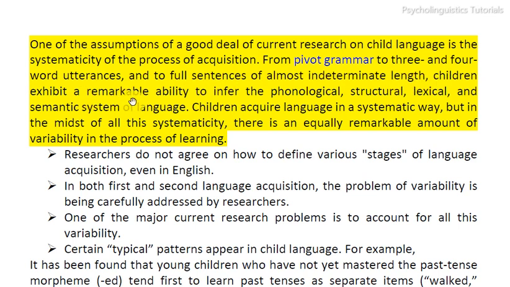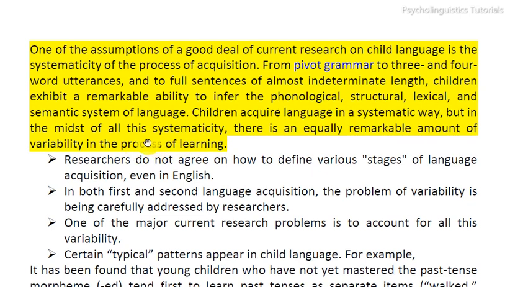Children exhibit a remarkable ability to infer the phonological, structural, lexical, and semantic system of language. Children acquire language in a systematic way, but in the midst of all this systematicity, there is an equally remarkable amount of variability in the process of learning.